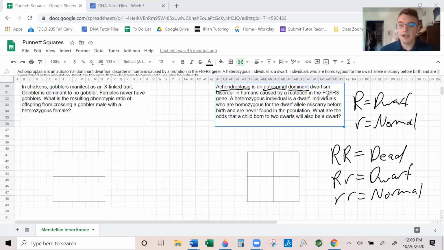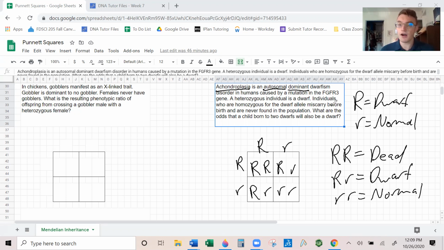Okay. So, what are the odds that a child born to 2 dwarfs will also be a dwarf? To be a dwarf, you have to be big R, little r, because if you are big R big R, you're dead, not a dwarf. So this kid here would be big R big R. This one here is big R, little r. This one here is big R, little r, and this one here is little r little r.